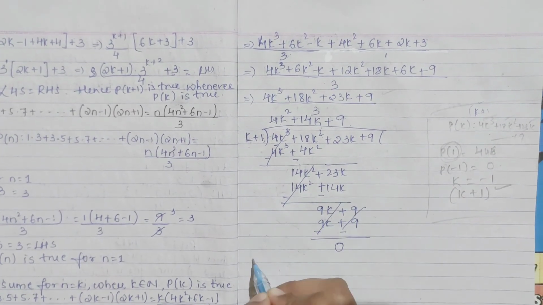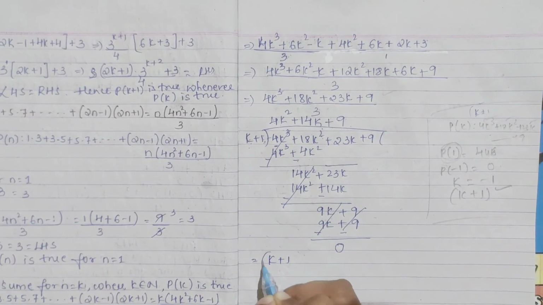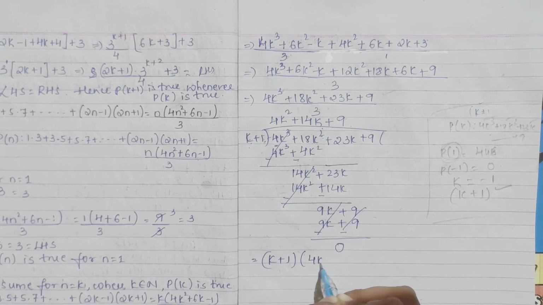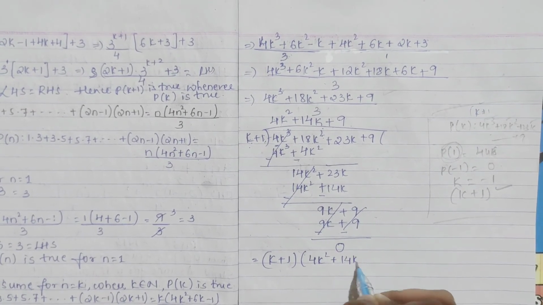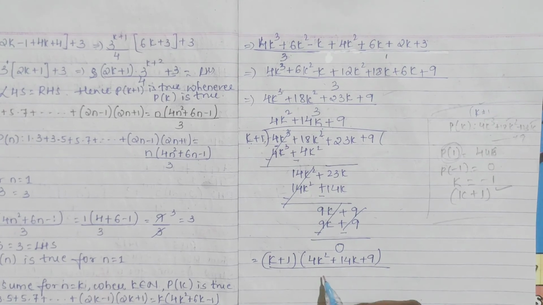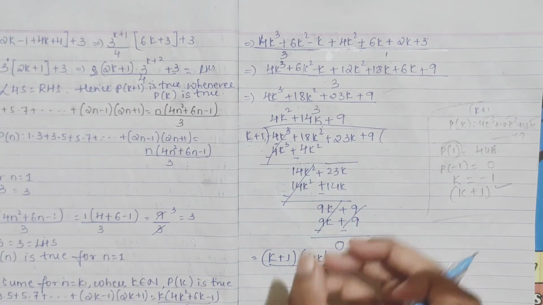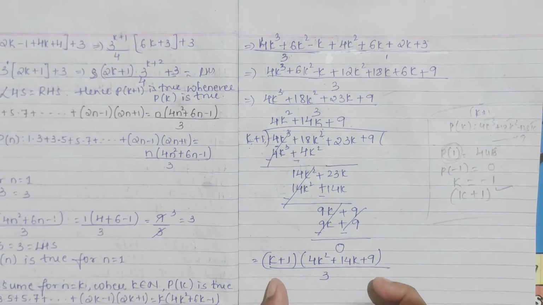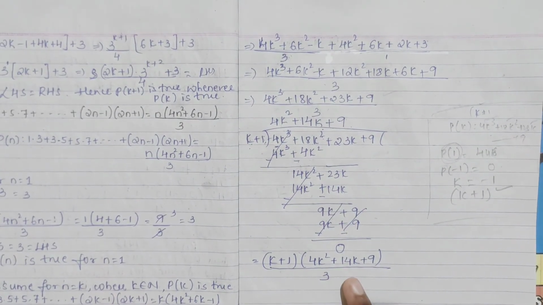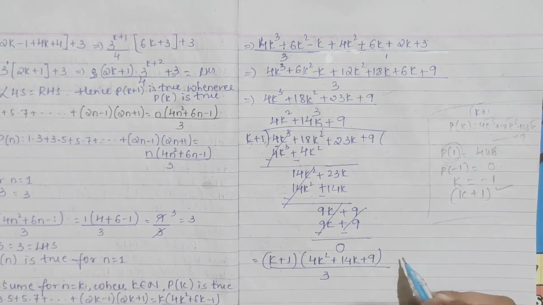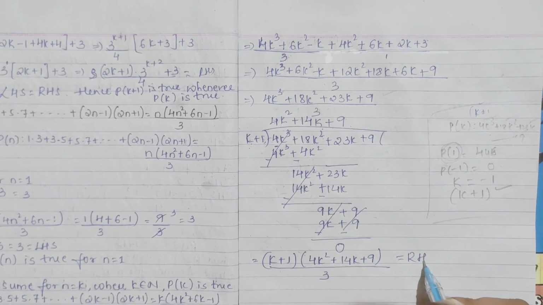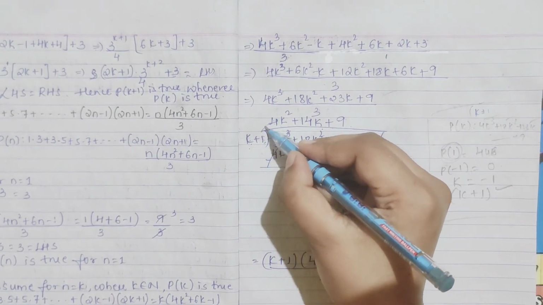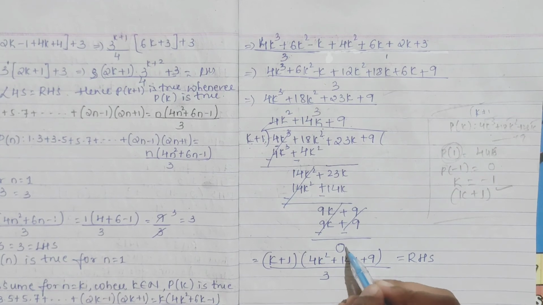So you will get k plus 1 into 4k square plus 14k plus 9, whole divided by 3, which is equal to your RHS, because you are getting 0 as the remainder.